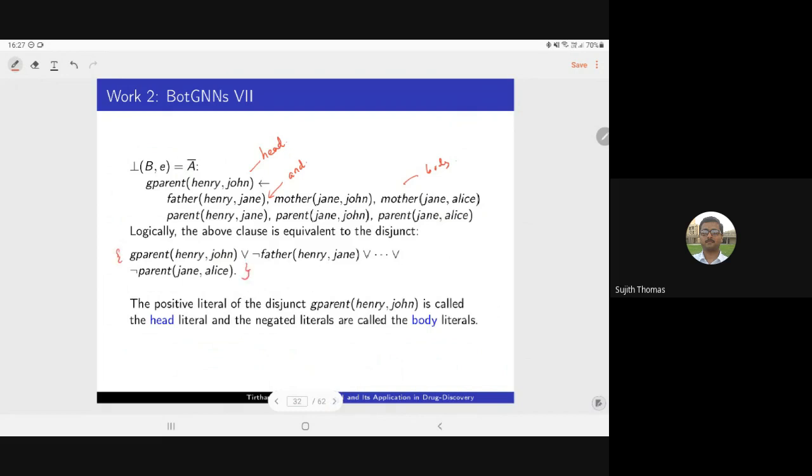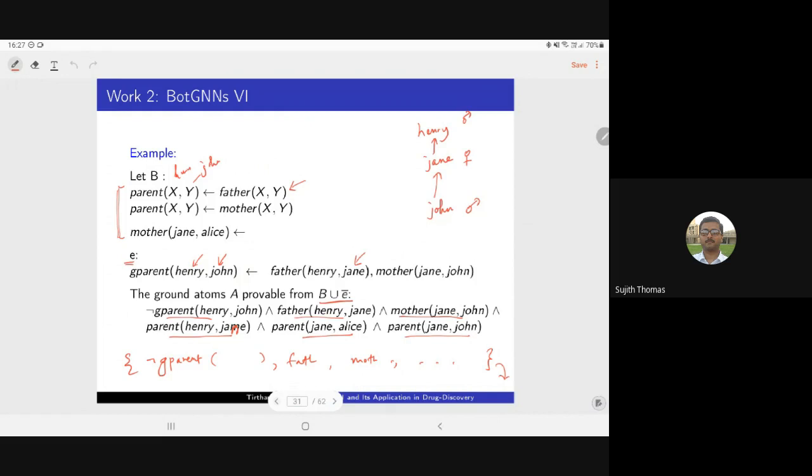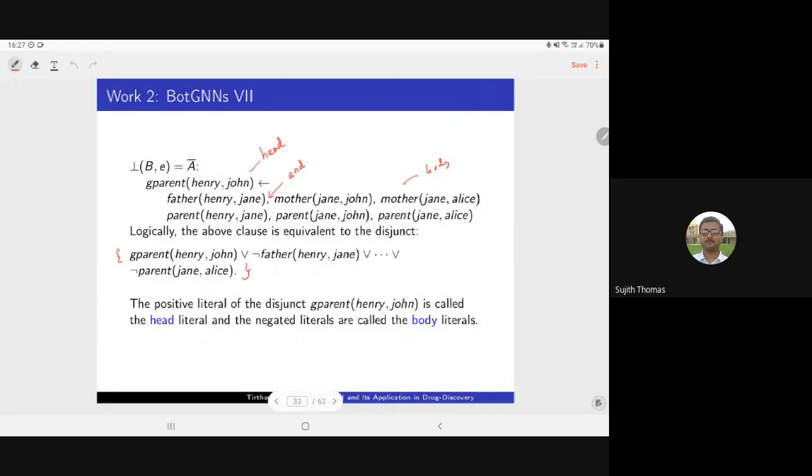The positive guys there will become negative here, and the negative guys will become positive. So what we get is grandparent, which is a positive literal, and the other guys are all negative literals. This results in this clausal form. The positive literals always appear in the head of the clause, and the negative literals appear in the body of the clause.